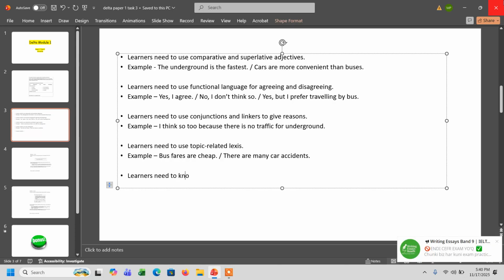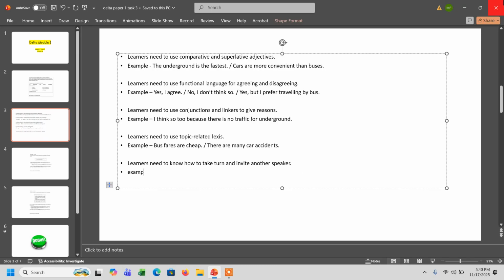Learners need to know how to take turn and invite another speaker. Okay, like for example, what do you think, or maybe simply "you?" because they are elementary students. Do you agree?